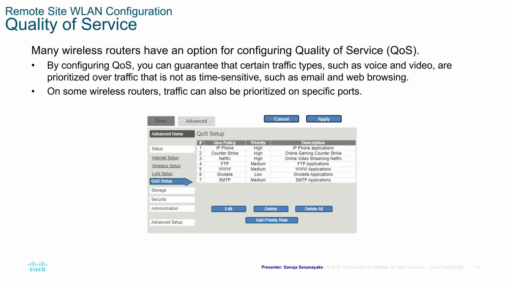On some wireless routers, traffic can also be prioritized on specific ports, but also on specific applications. Some smart next generation firewalls and routers can also have quality of service that prioritizes based on specific applications.